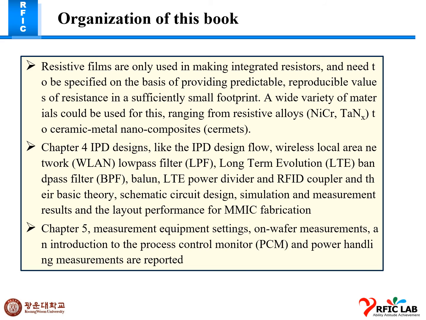Resistive films are only used in making integrated resistors, and they need to be specified on the basis of providing predictable, reproducible values of resistance in a sufficiently small footprint. A wide variety of materials could be used for this, ranging from resistive alloys, ceramic, metal, to nano components.